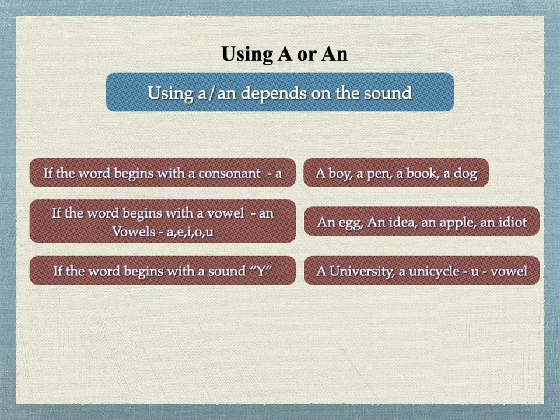So, university, the word begins with U. So, as per the second statement, it should be an university, but it is a university, because even though it begins with U, the pronunciation that comes out is like Y, university. So, it is a university, and an university is wrong.